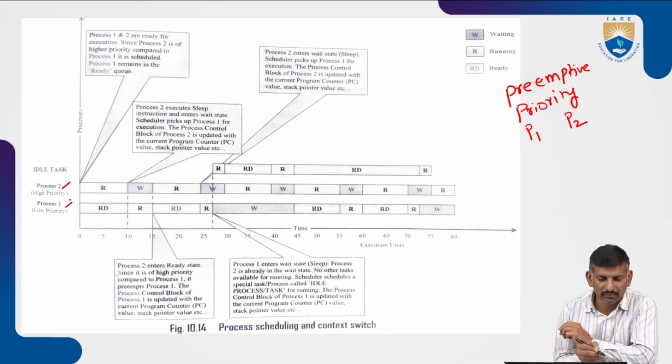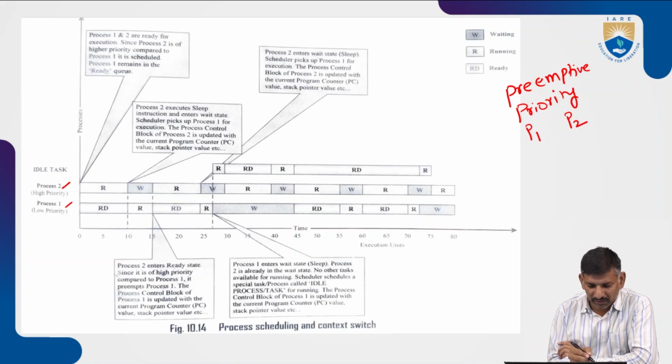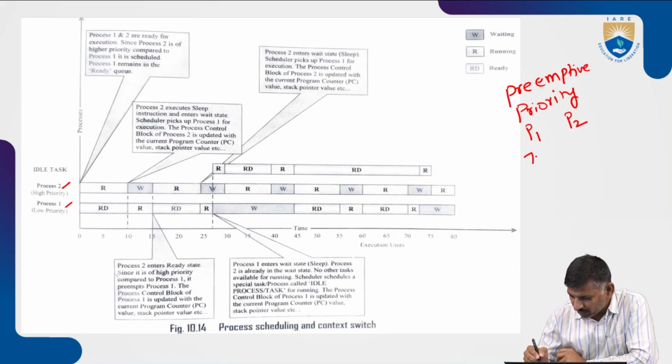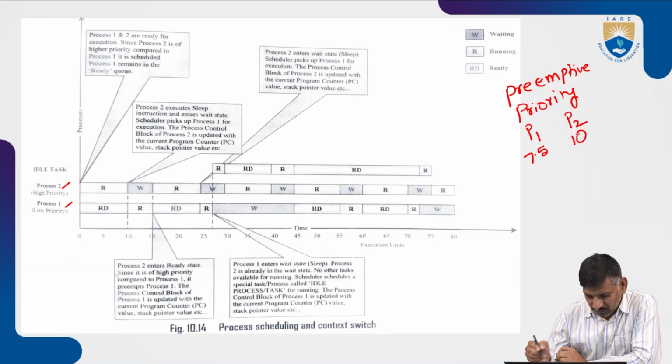Process P1 executes for 7.5 units of execution time. Process P2 executes for 10 units of execution time.